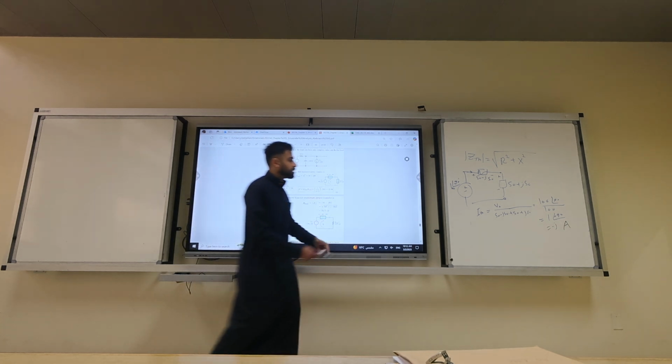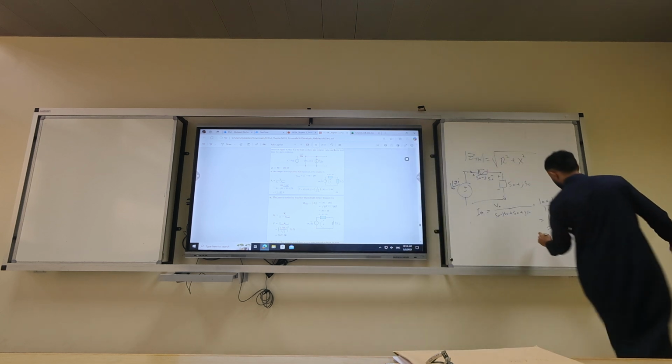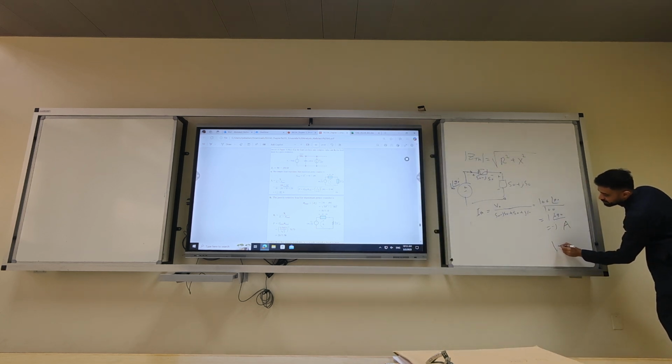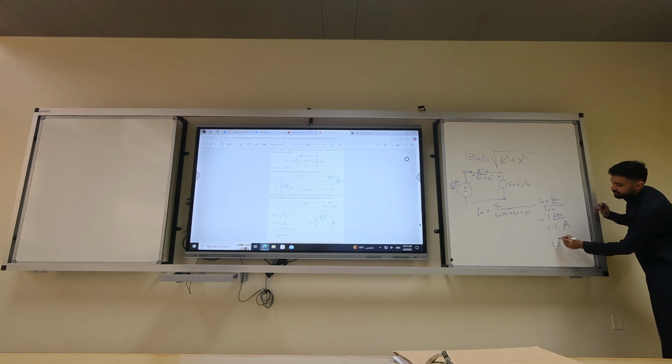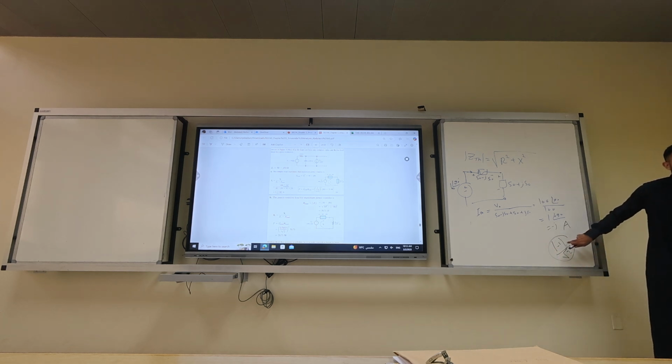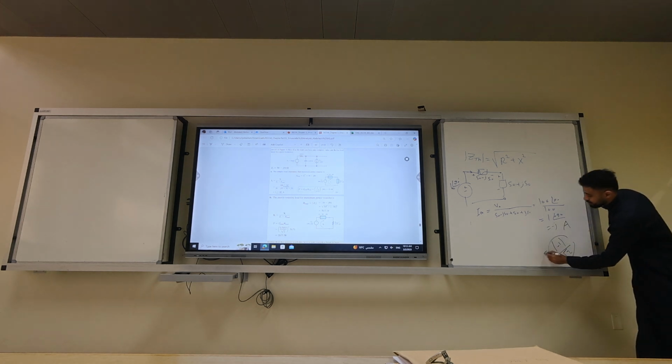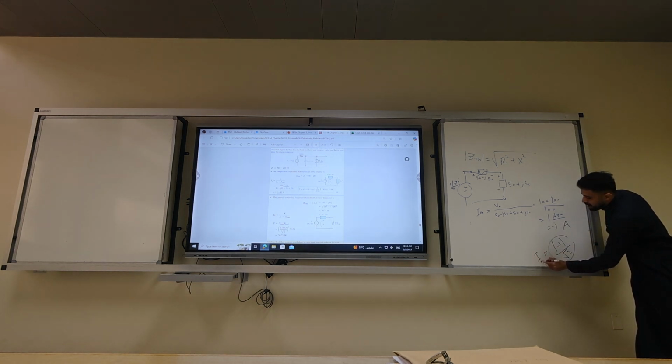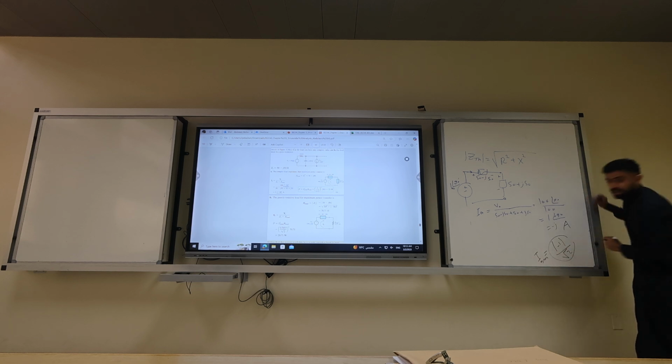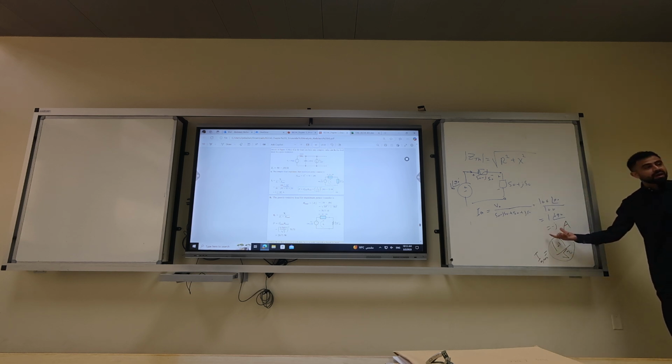The current magnitude is what? The absolute value of minus j, which is 1. For RMS, you divide by the square root of 2. This is I A RMS. Get it? It's the absolute value of the phasor divided by the square root of 2.